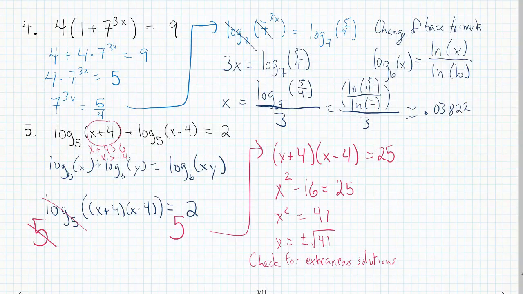And then this one would be x minus 4 greater than 0, meaning x is greater than 4. So that means the domain has to be x is greater than 4. Well, if you notice, the negative square root of 41 is not greater than 4, so that's an extraneous solution. So our only possible solution is x equals the positive square root of 41, and that is our final answer.